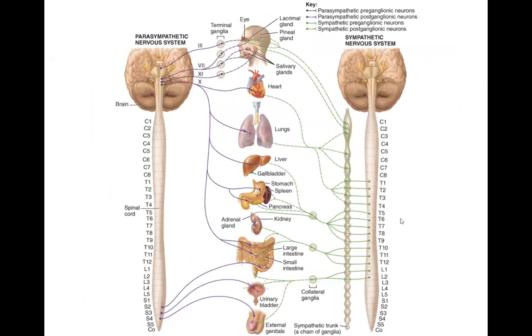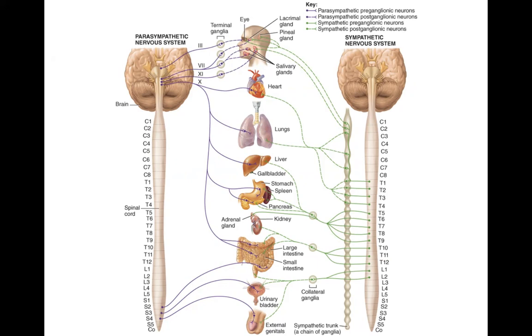We talked about there being two other terms to describe those two divisions. The sympathetic nervous system, we learned, also goes by the term thoracolumbar division, because it uses the thoracic and then part of the lumbar region of the spinal cord. Signals come out, and synapsing typically occurs right in this trunk or chain of ganglia right outside the spinal column. Then the second neuron, the postganglionic neuron, carries the signal the rest of the way to things like the lungs and the heart that you can see in the picture.